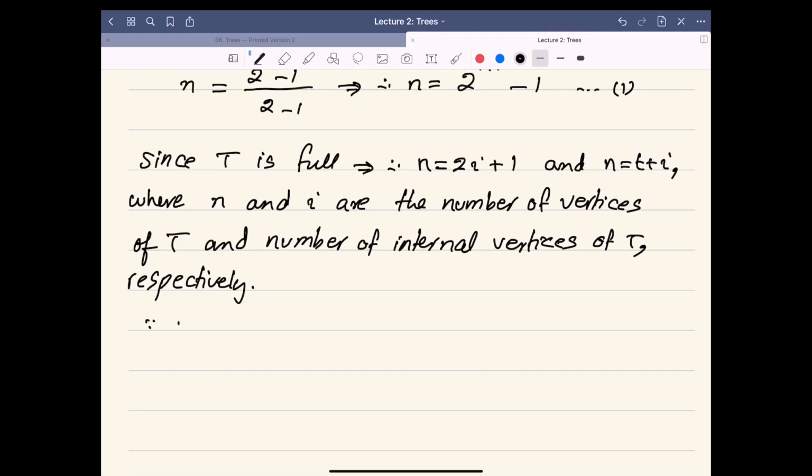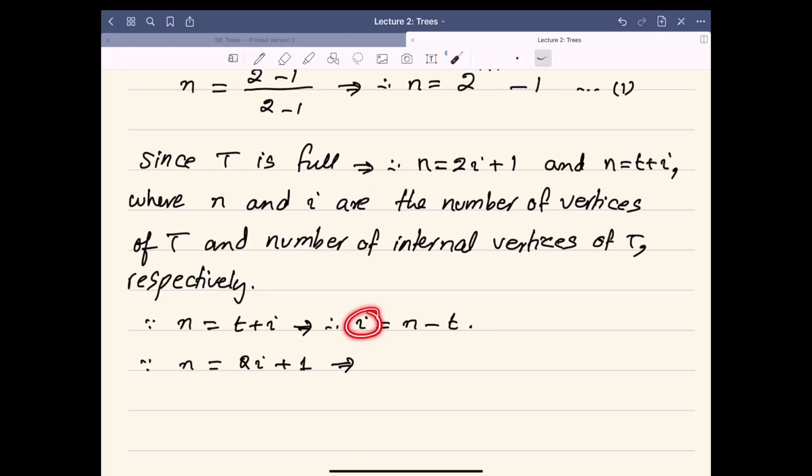Now, since n is equal to t plus I, then I is equal to n minus t. Also, since n is equal to 2I plus 1, we substitute the expression for I into it, so n equals 2 times n minus t, plus 1.